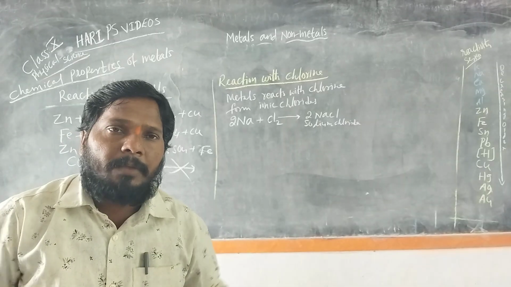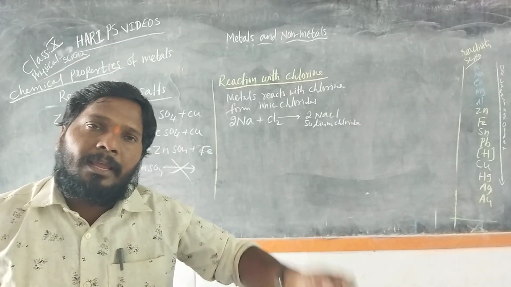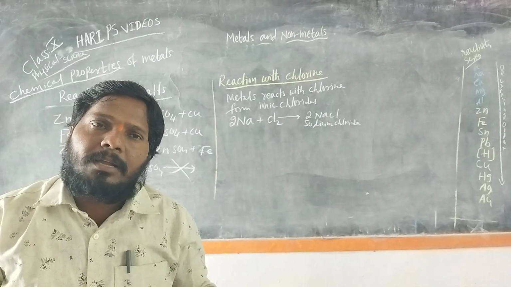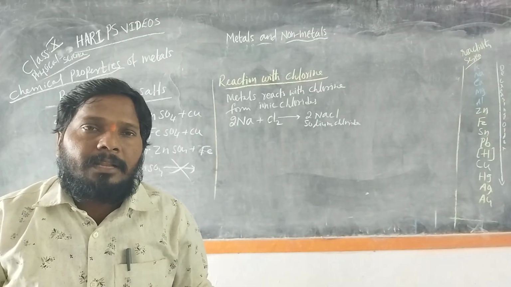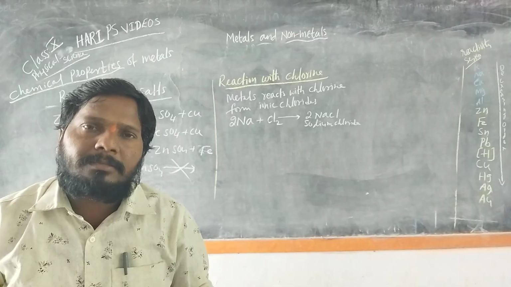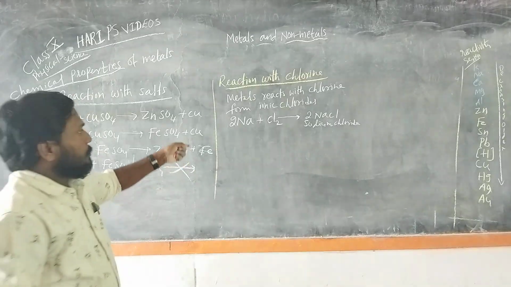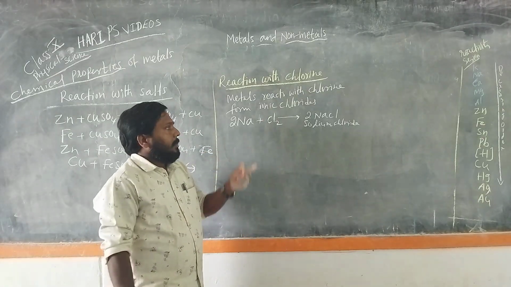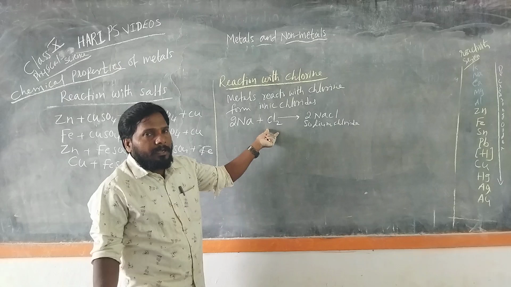As already discussed, the elements which lose electrons and form positively charged ions are called metals, whereas non-metals gain electrons. So in this, sodium loses electrons and chlorine gains electrons. It is a metal and it is a non-metal.